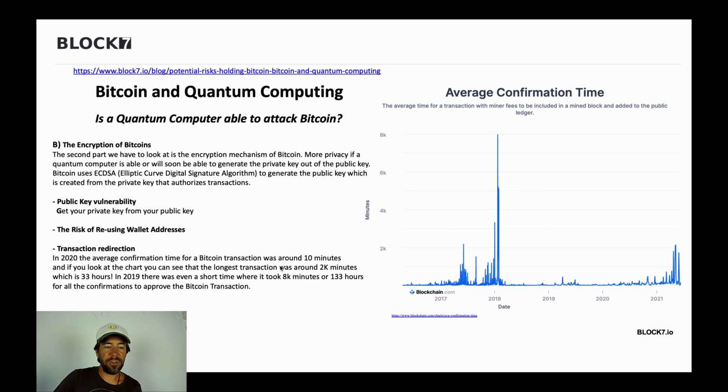But there have been times where transactions took 33 hours, or even at the peak, I think it was 2018, in the peak it was 133 hours.